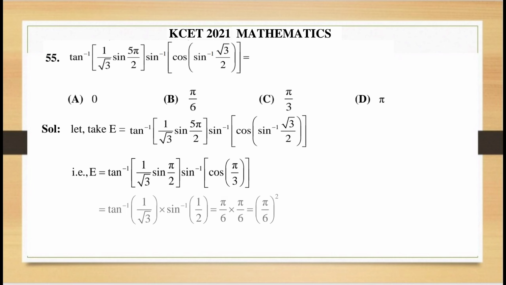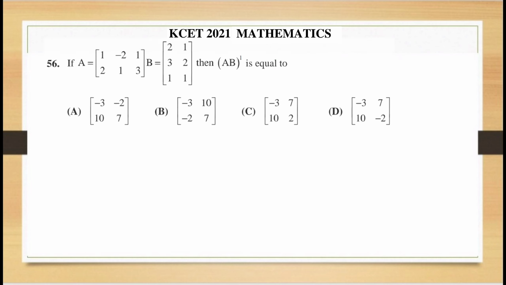Therefore, since sin pi by 2 is 1, E equals tan inverse of 1 by root 3 into sin inverse of 1 by 2, which equals pi by 6 into pi by 6, which equals (pi by 6) whole square. So, none of the options is correct.